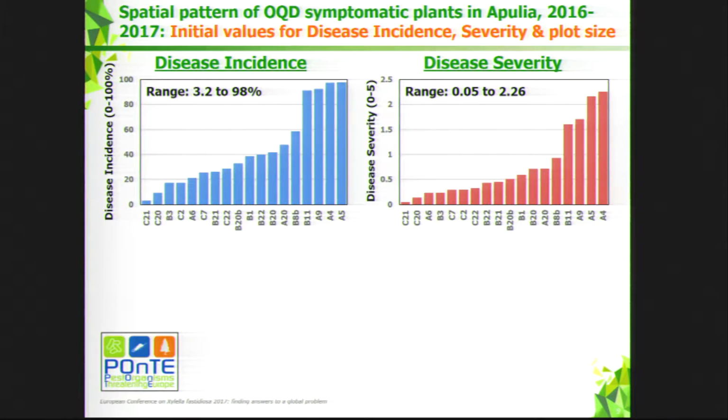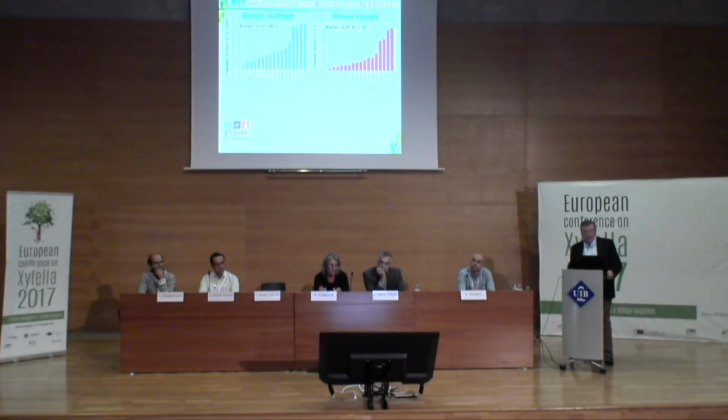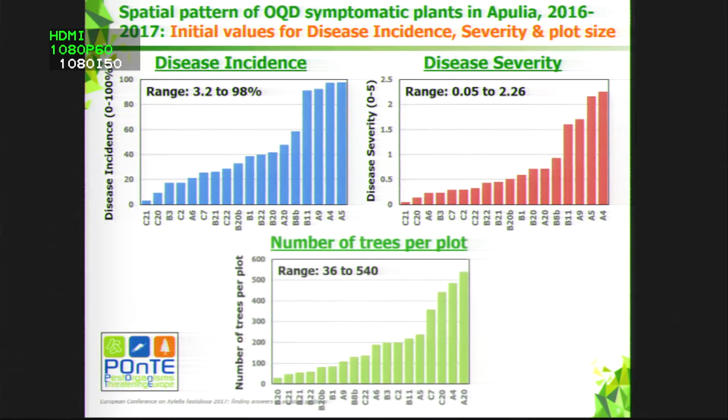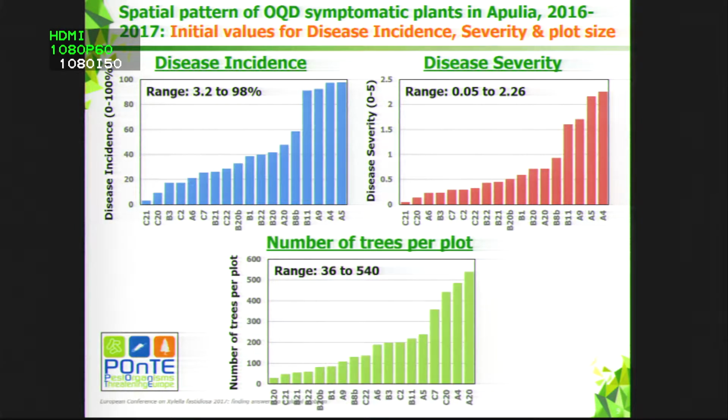We selected a range of different disease incidences at the first time, from nearly no disease to more than 90% symptomatic trees, but also with a range of disease severity in each single plot, from very, very low severity to mid severity, and also with a range in the size of the plots, from 36 trees to more than 500 trees.